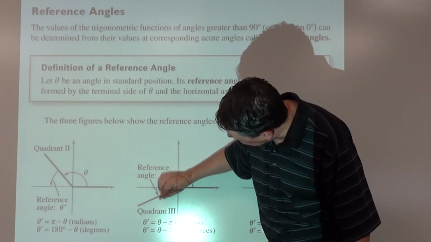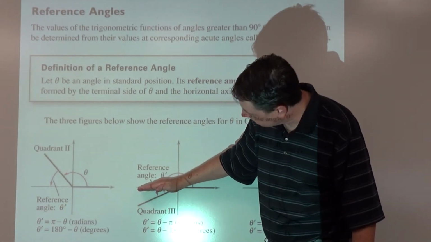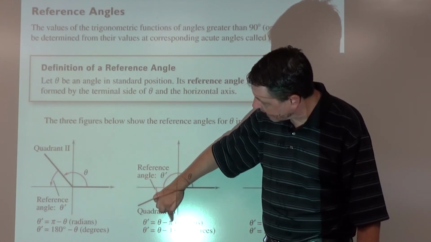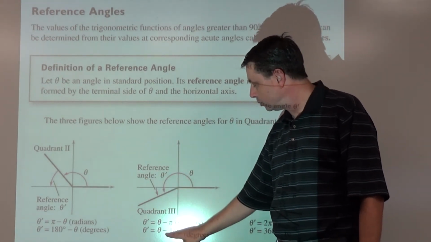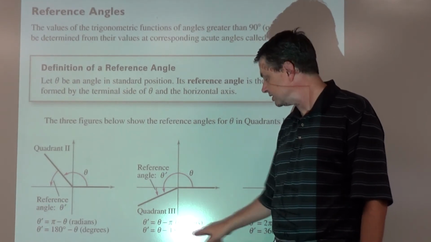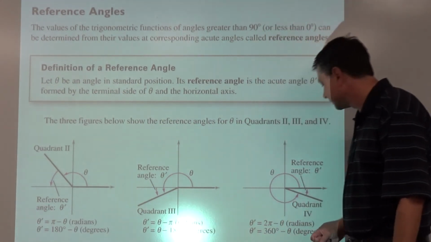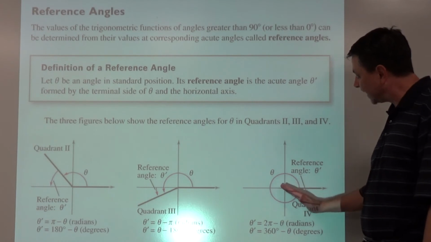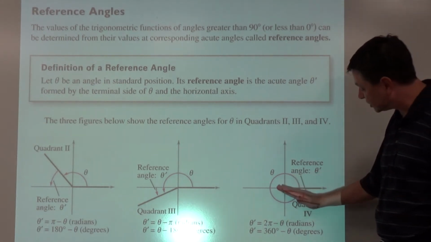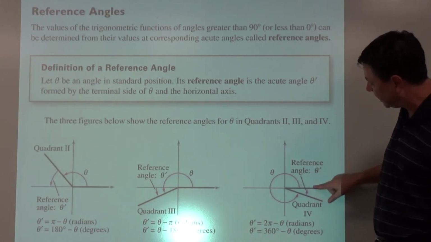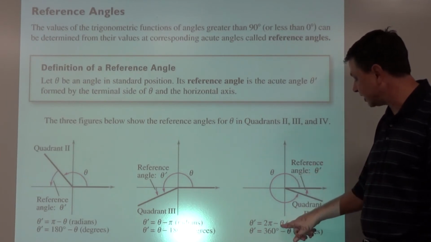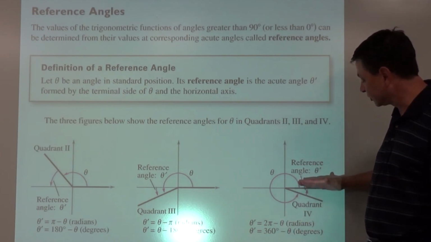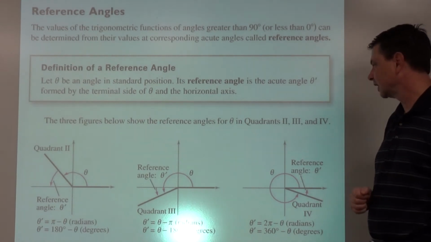So it's that angle right there. Since the angle is past pi, it's the angle minus pi in radians, or the angle minus 180 degrees if we were in degrees. In quadrant 4, the fastest way to get to the x-axis is just to keep rotating that way until we hit it. So 2 pi minus theta, or 360 degrees minus theta.